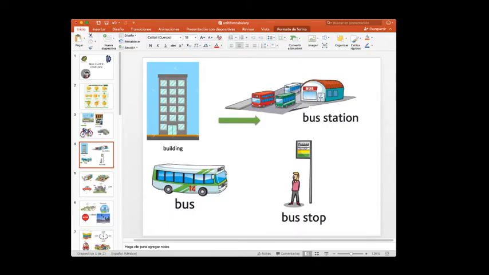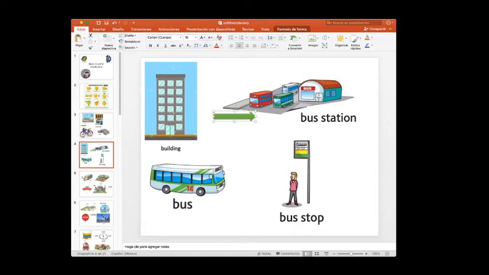This, for example, at the center of Xochimilco, bus station. This other one, where you are waiting for the bus, is a bus stop. Okay.